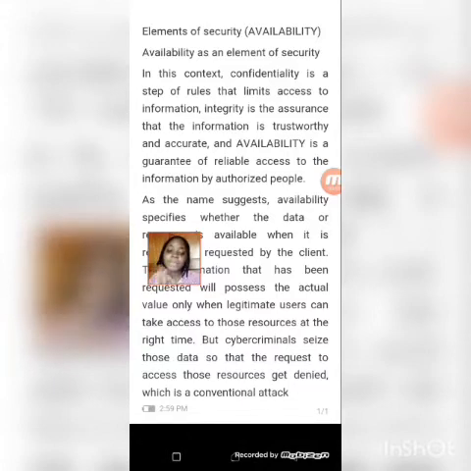So that's confidentiality. Integrity is the assurance that the information is trustworthy and accurate. Remember when we talked about integrity, that means being true to yourself, meaning what you are saying, people actually believe you. You are not telling lies. You are trustworthy.